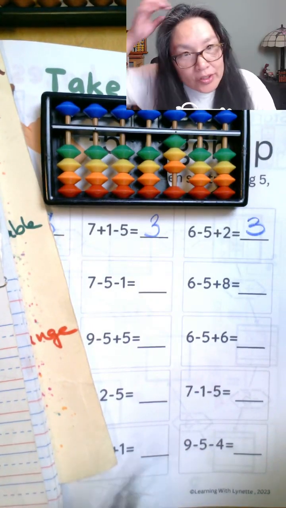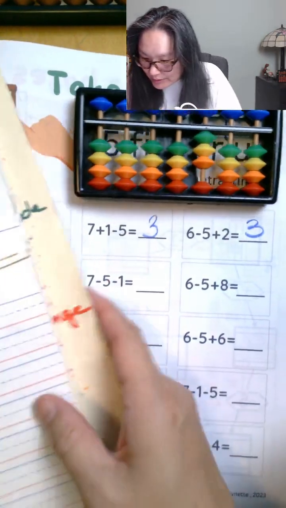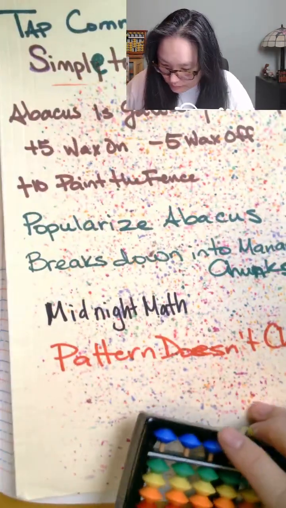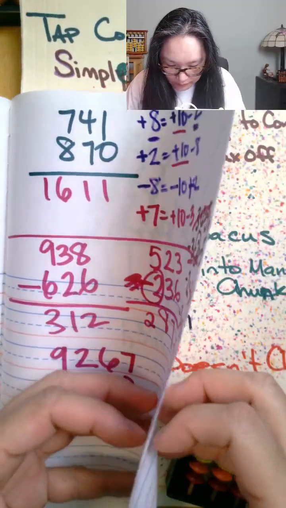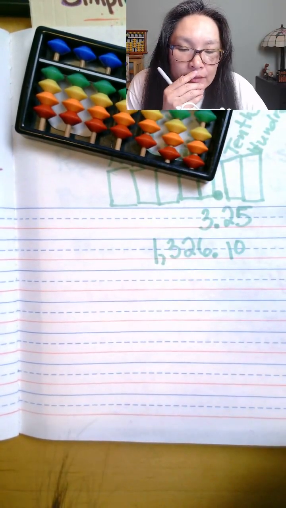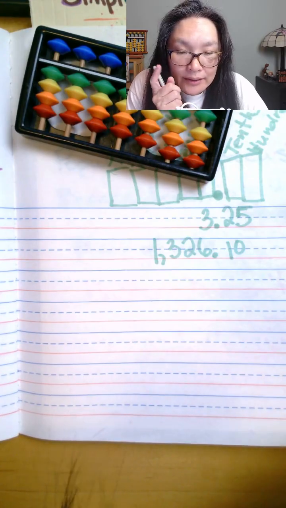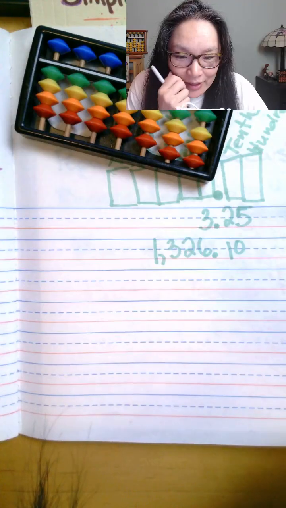So the first thing we're going to do is, let's do this one. We don't memorize our 2 times, we don't memorize anything above 9. Sorry, I had to think about that one.